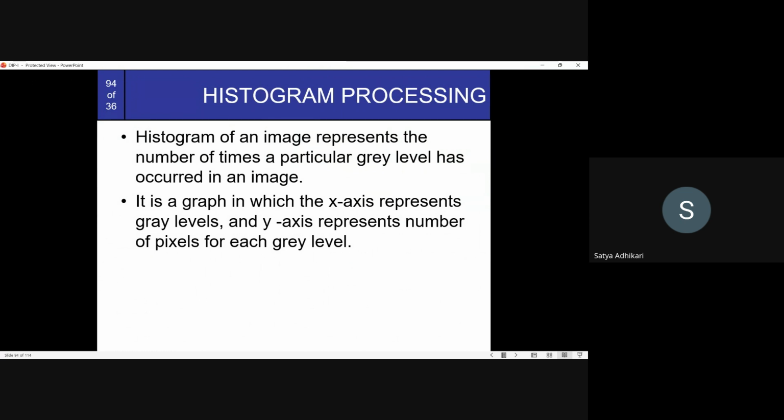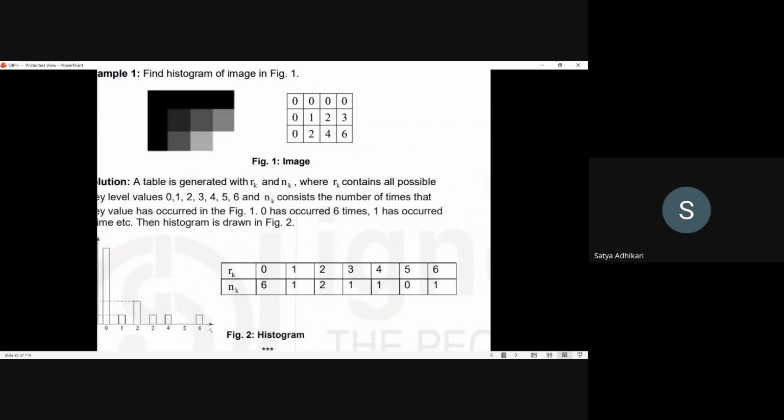Okay, let us see. You can see there is an image. It contains some black color, white color, and other gray colors with different gray level values.